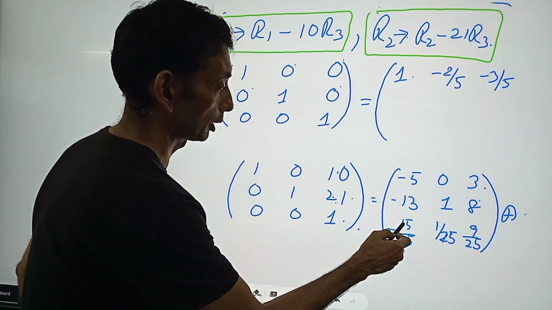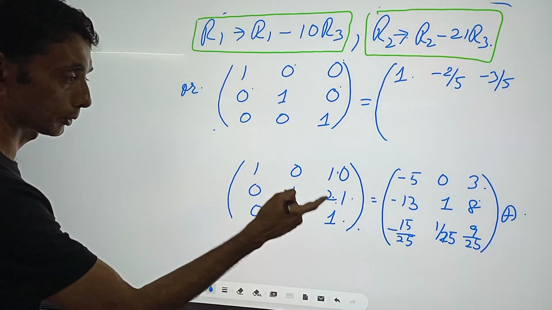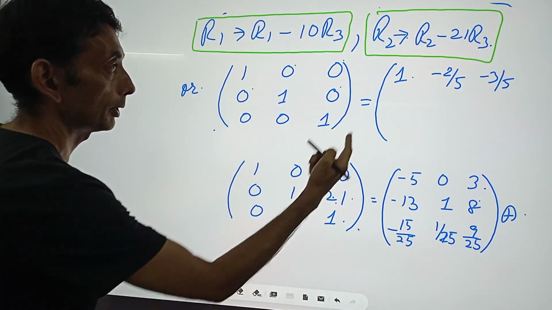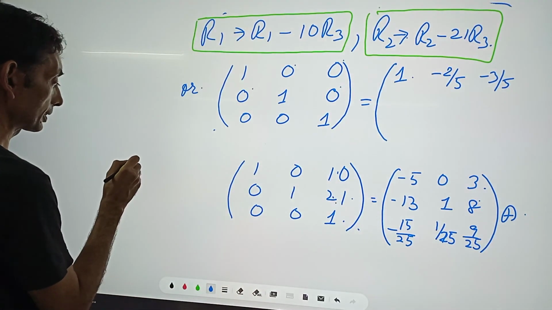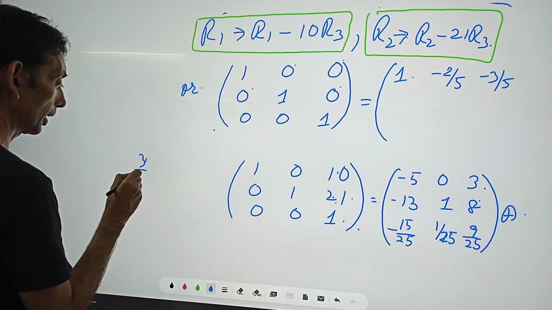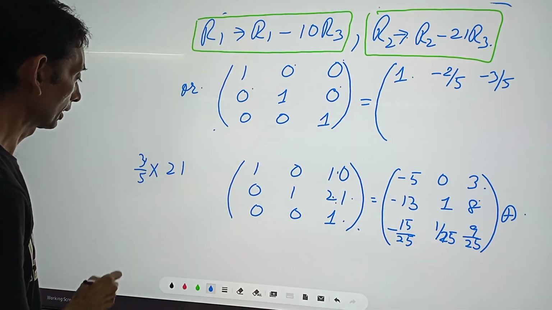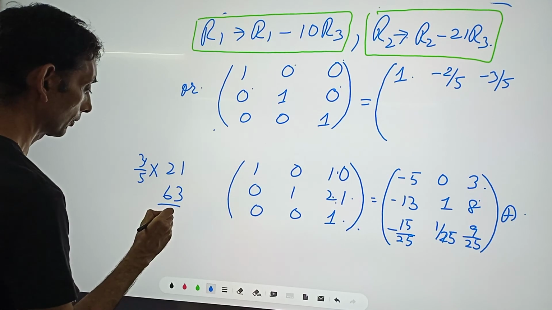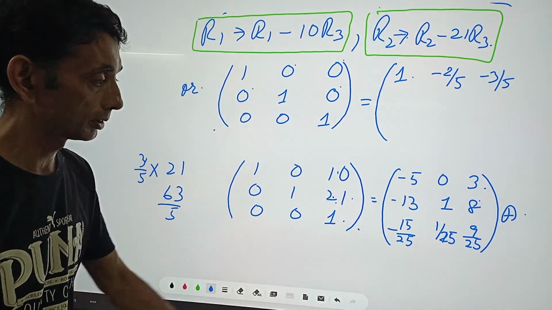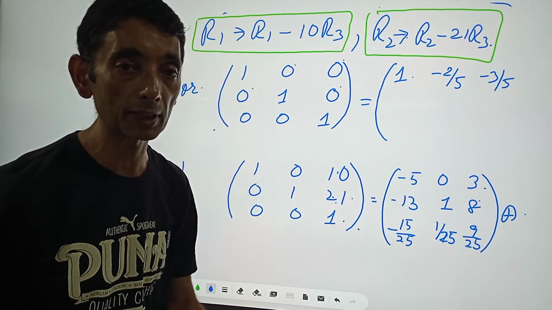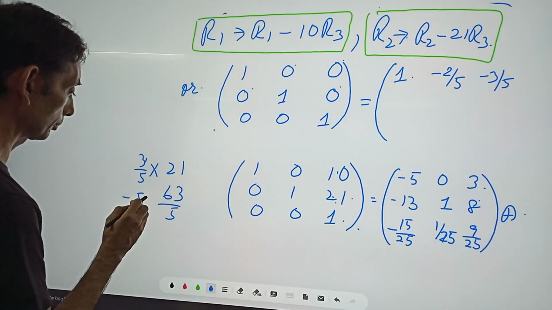So minus 21 means this minus 15 by 25, and this is minus, so it will be plus. 15 by 25 you can write as 3 by 5, and that you have multiplied by 21. This will be 63 by 5, and you are adding with minus 5.